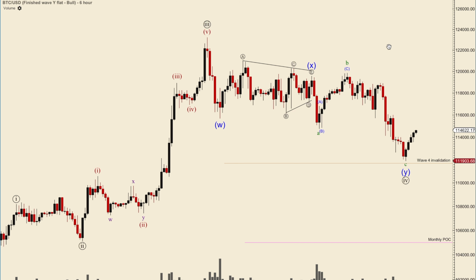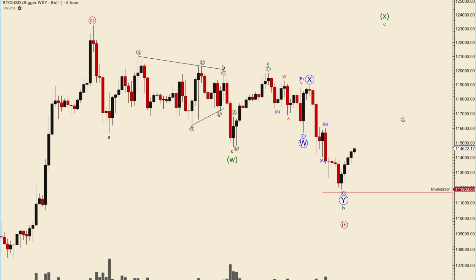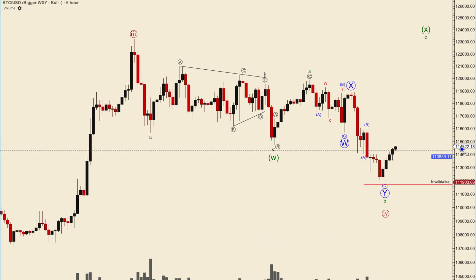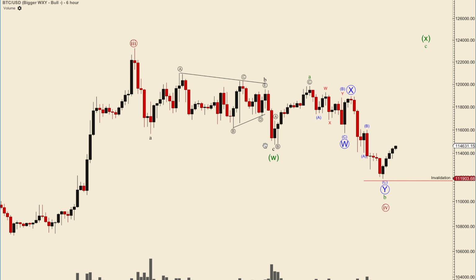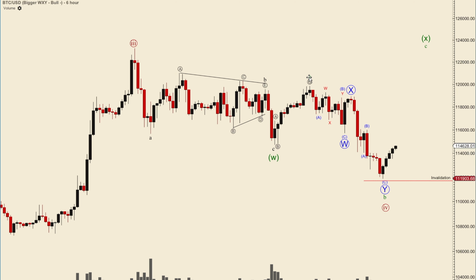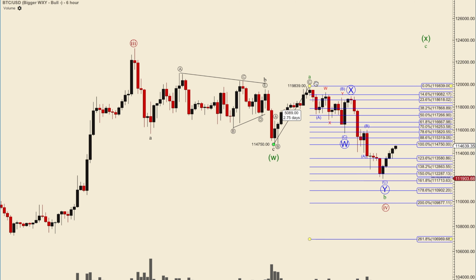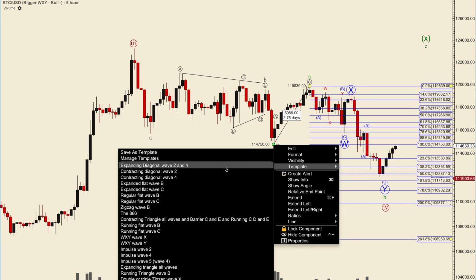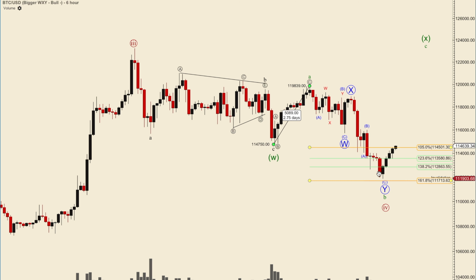Basically, and then we need to resort to some other count. And the interesting part here is that if we count it like this, so here we have an A, B, C to a W, and then we have an expanded flat A, B, and now C, and this counts pretty well as a B wave. And the expanded flat here, you can see on the fib, if I do it like this to the A and toggle the expanded flat wave B, that 161.8 is pretty much an invalidation for an expanded flat.